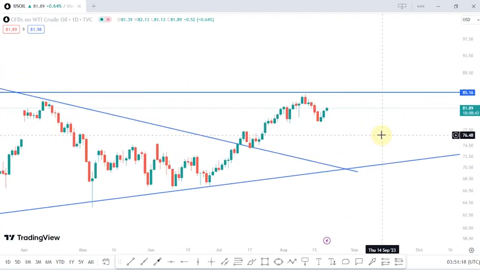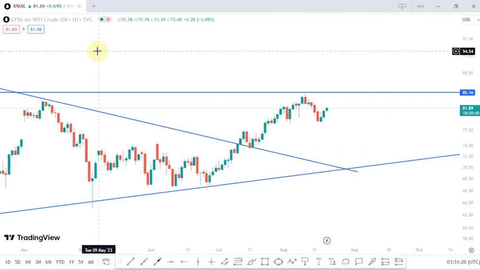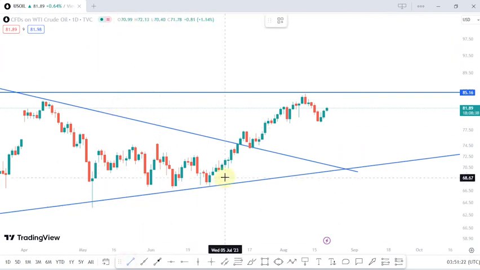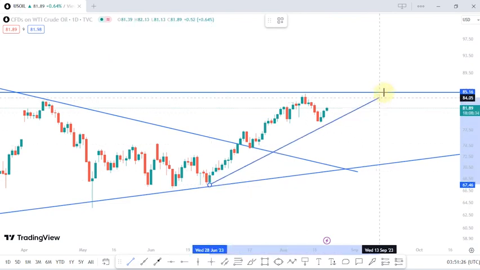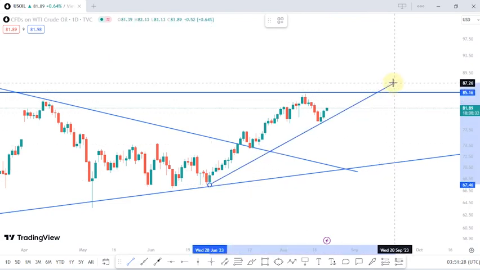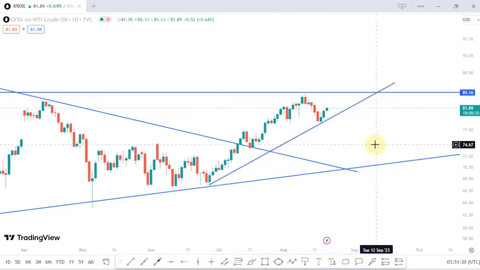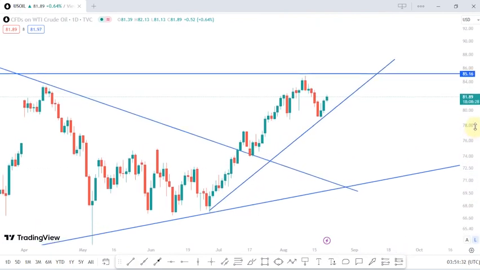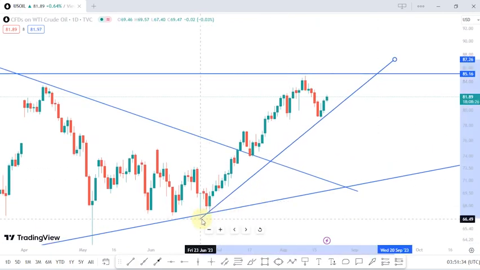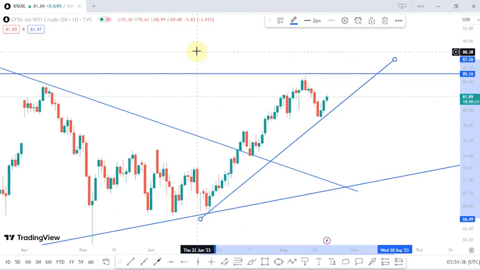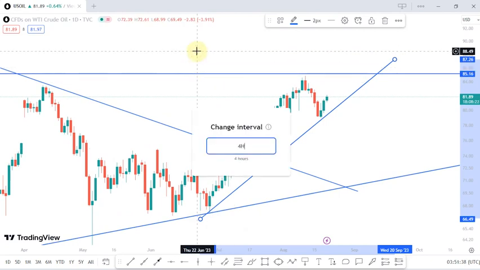If I still go down, or before that, let me have this trend line here, then go down to the next lower time frame.